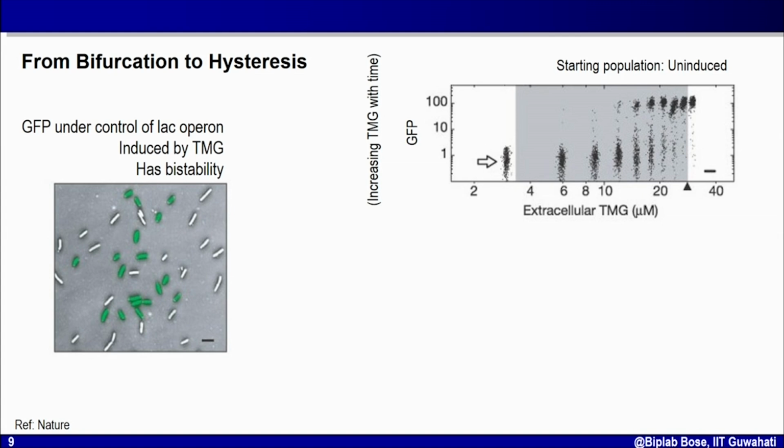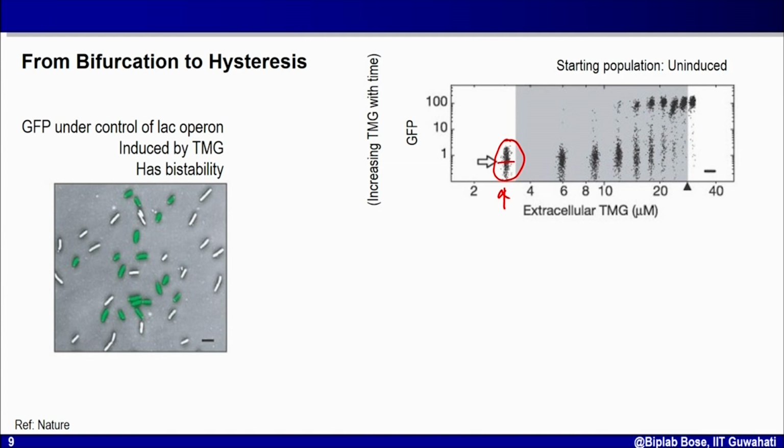Then they kept on increasing the amount of TMG, that is the inducer, in this flask. Initially they added this amount of TMG, that may be 3 micromolar, and then they measured the GFP intensity in a population of cells. Here the data is shown as dots, each dot represents one cell. You can see on average the value of intensity is somewhere here.